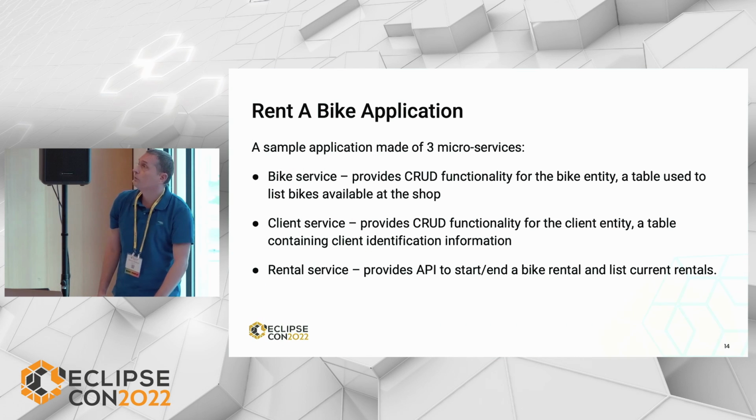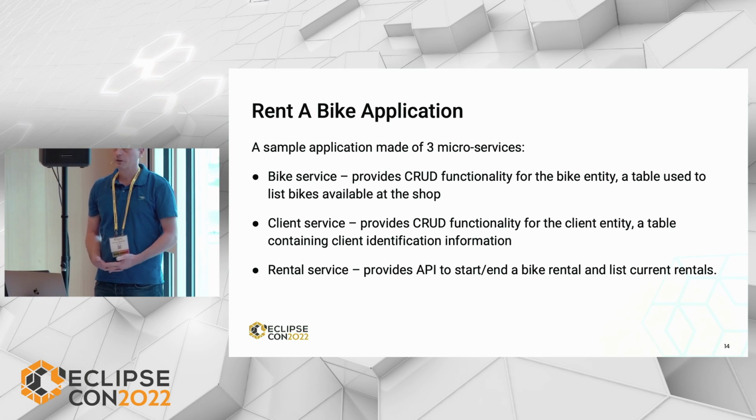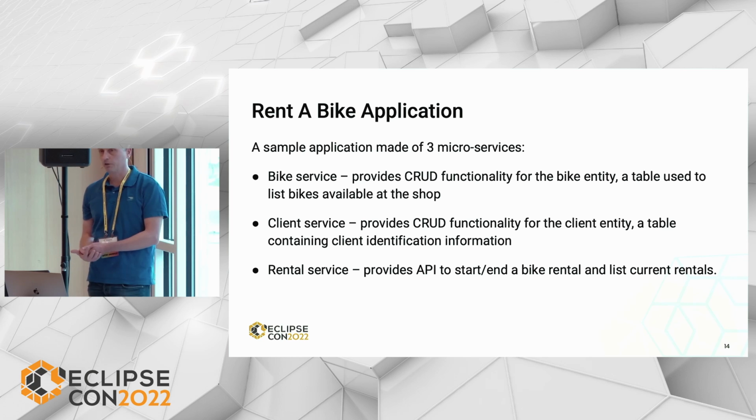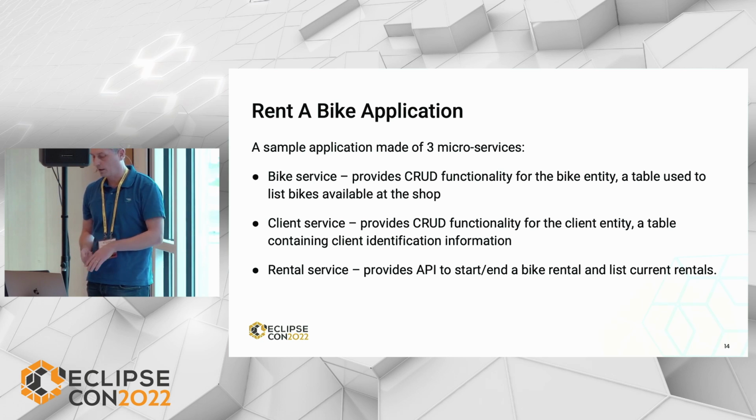What I tried to do is model a simple application for the demo. The application is a bike shop for renting a bicycle. It is based on 3 microservices. One contains the bike catalog, another one manages the client address book, and the third one is a service that acts as a bridge that allows you to rent a bike.